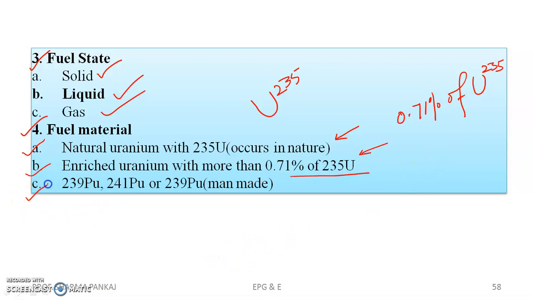The third part of this pure material is plutonium-239, plutonium-241, or plutonium-239. This is artificial or man-made.